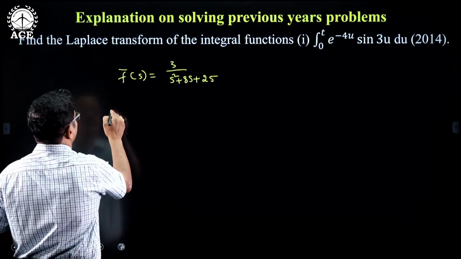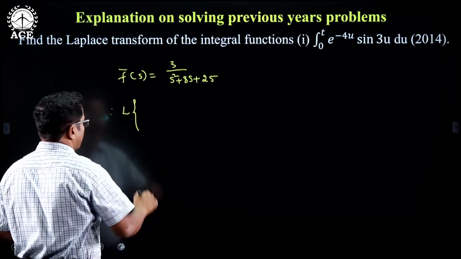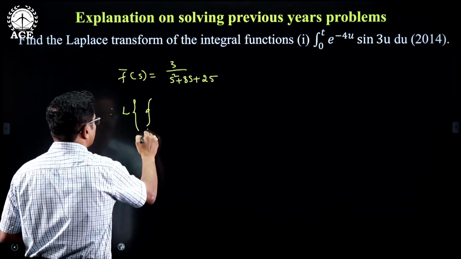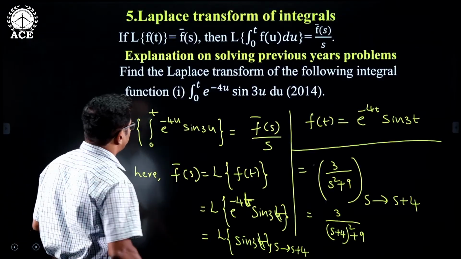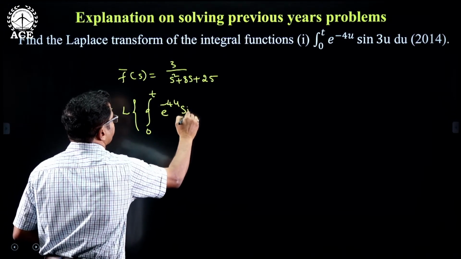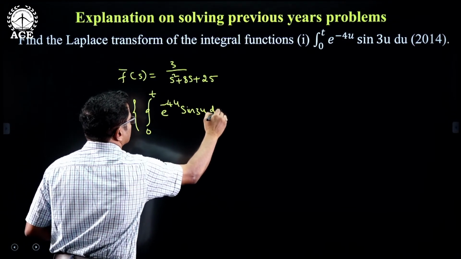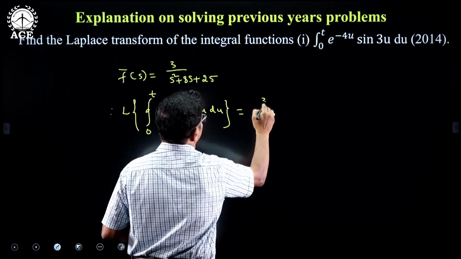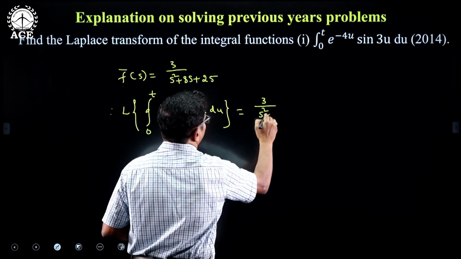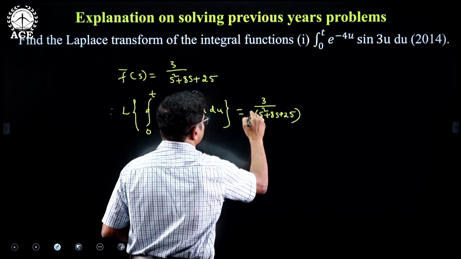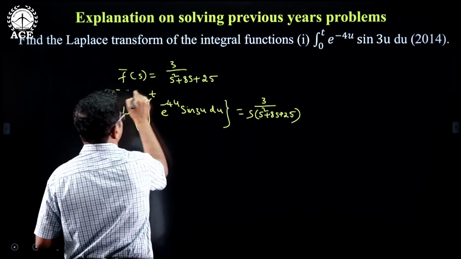Then L of integration 0 to t e power minus 4u sin 3u du equals f bar of s by s, that is 3 by s square plus 8s plus 25 by s, which means into s.